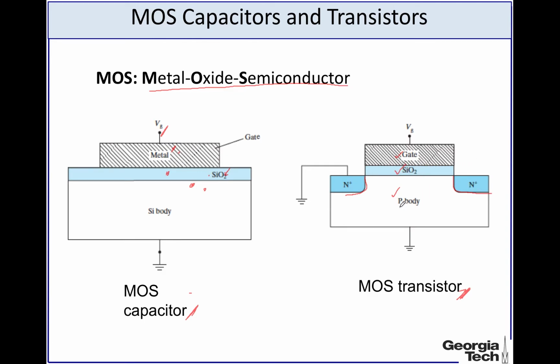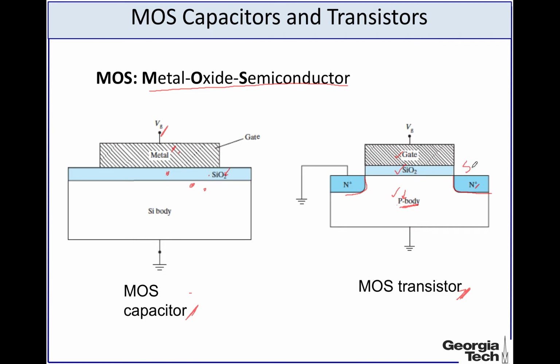This semiconductor here, which we call the body, is doped P type in this case, and if this is P type, then these regions here are the opposite type, N type, or here we are saying it's N plus, meaning that it is very highly doped with donors, and these two terminals are called source and drain.